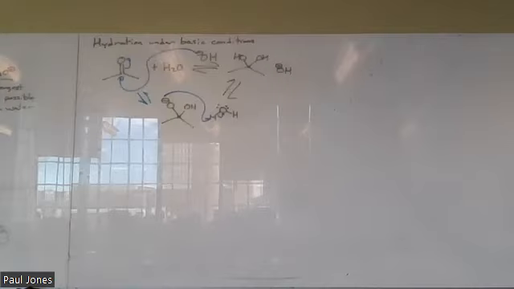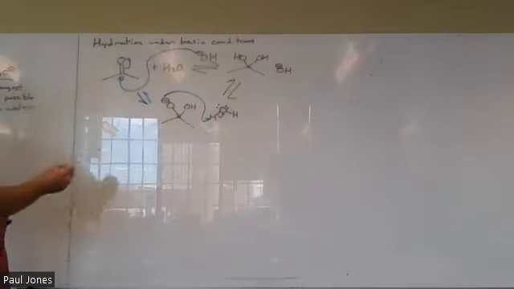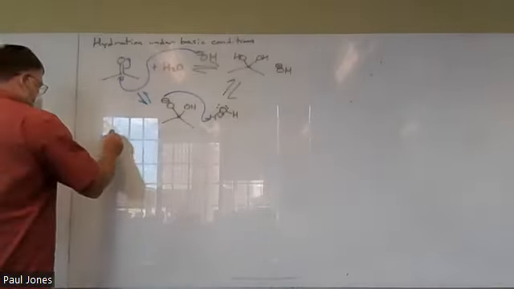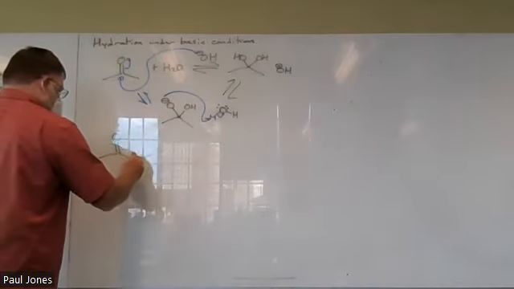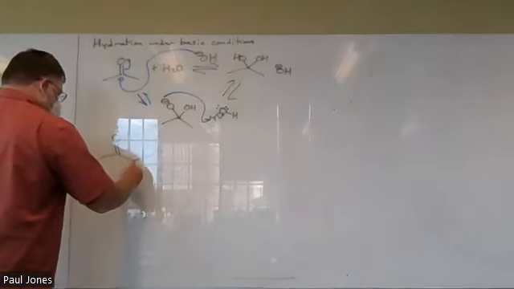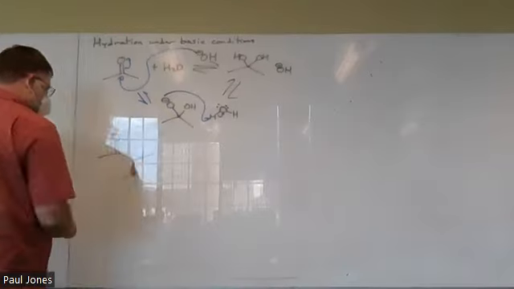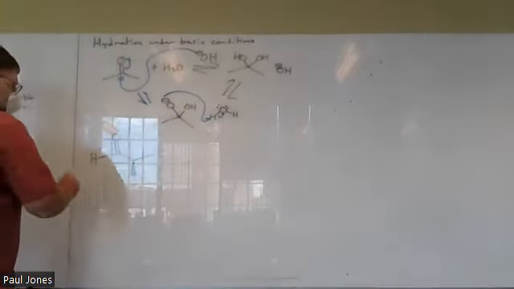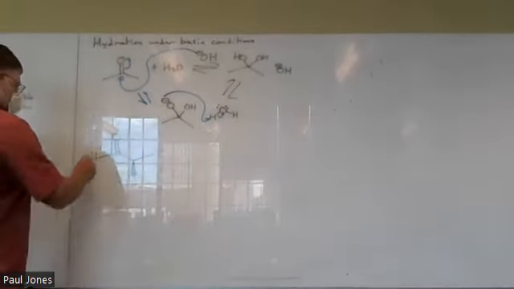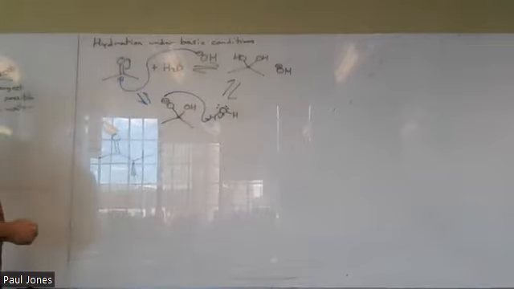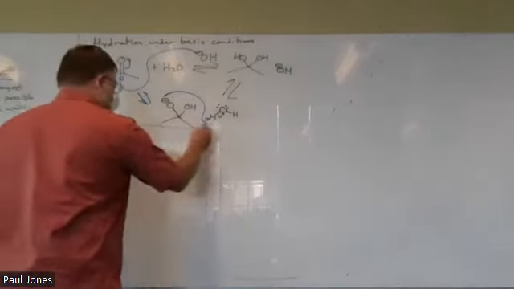At some point, something's got to be chiral. So like if we had, for instance, this is complicated. Let's add a Grignard.